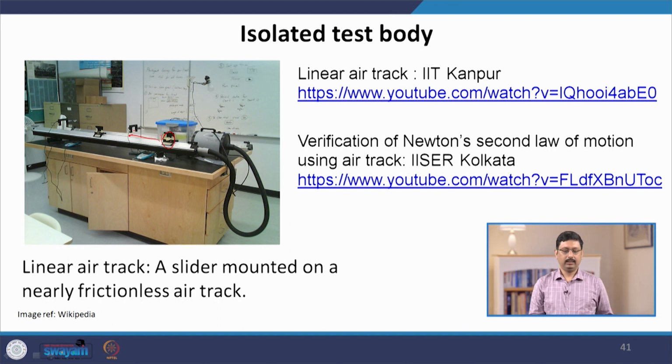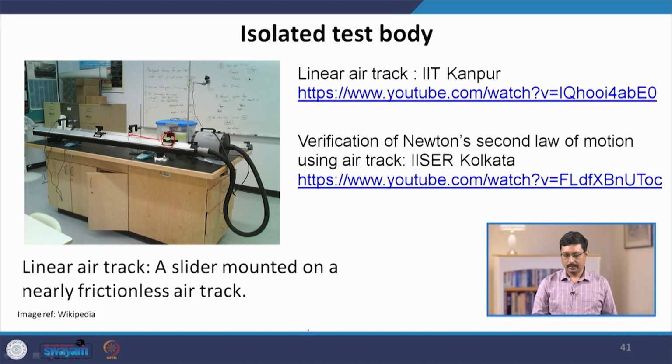So, this is a simple system in which you can approximately turn off all the friction and gravity, and generate a condition in which no force is acting on your test body. I have put a couple of YouTube links where a video demonstration of the motion of the slider on the linear air track is shown.